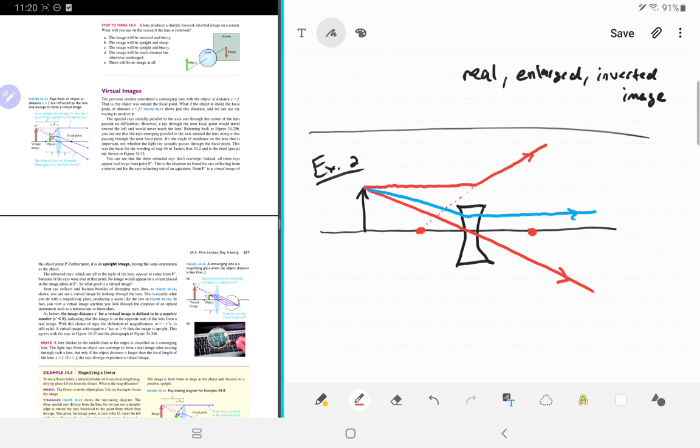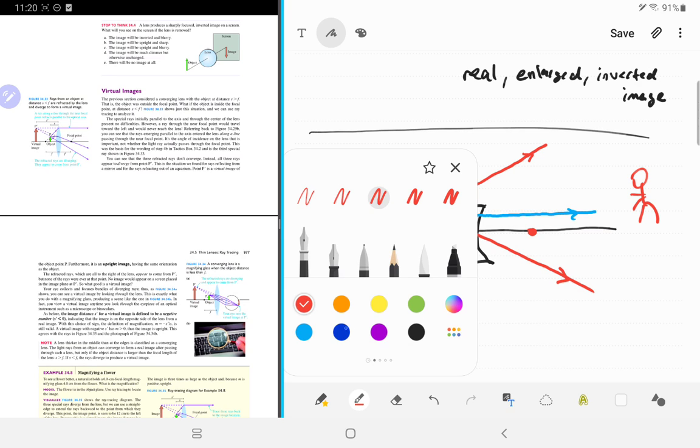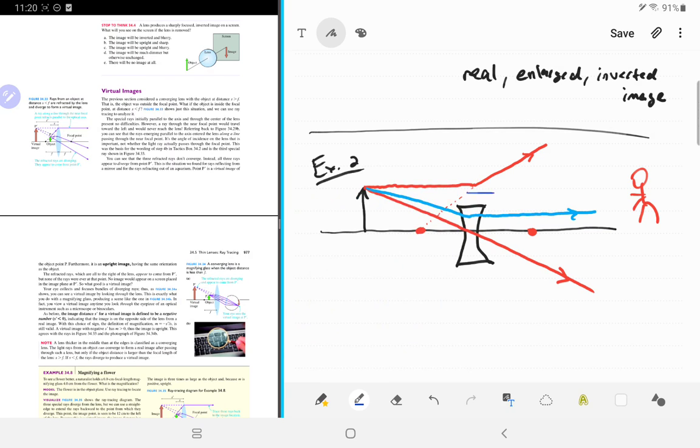Okay, so this light ray, then there's the red one. So notice how if you're standing over here and you're looking at the light that emerged from the lens, it looks like this light came from an image that's located right here, so I'm going to trace this one back as well. See how all three of these things meet right here.